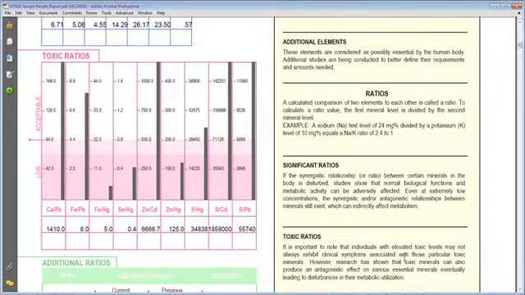It's important that we look at the ratios because we see levels on the chart and some of the numbers look a little bit wacky, but we don't want to pay too much attention to those, especially not yet, because it really is the ratio, what one mineral is doing in its relationship to another mineral in the body. And you can see the intensity of the mineral relationships in the following chart.